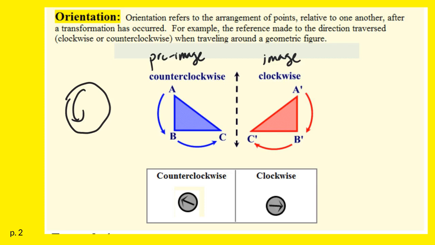And then after our reflection, so after our transformation, we notice that our points are going in clockwise order. So it's going from A prime to B prime to C prime in the opposite direction. And so because it changes direction in the order in which the points appear, we know that this is going to be the opposite orientation.